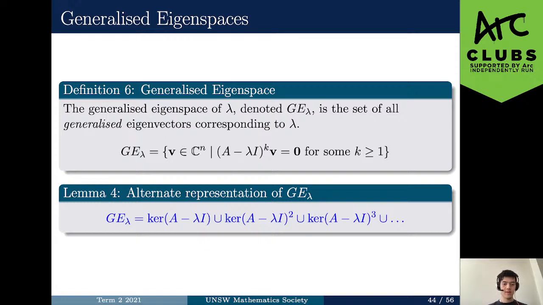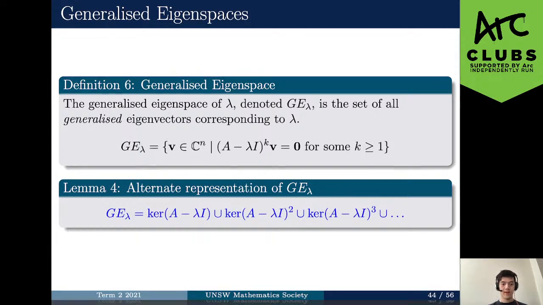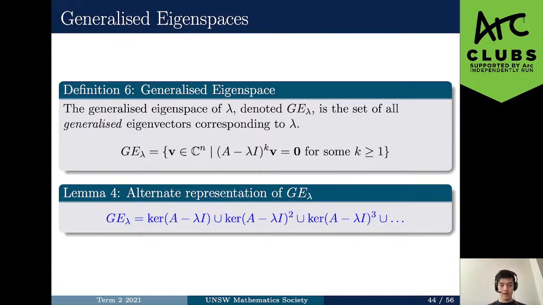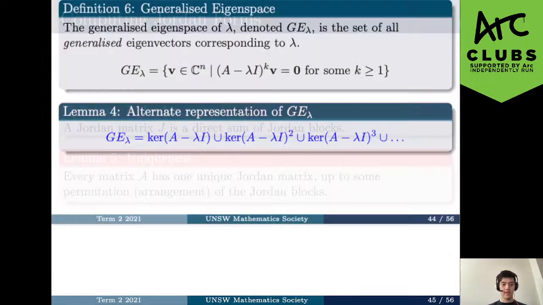So it's the kernel of A minus lambda I, union with the kernel of A minus lambda I squared, and so on and so on. In fact, we can actually simplify this. If this is finite dimensional, I can say this is just the kernel of... no, hang on, that's not true. Okay. Yeah, I guess we'll get to that point a little bit later on. I think it's on another slide.